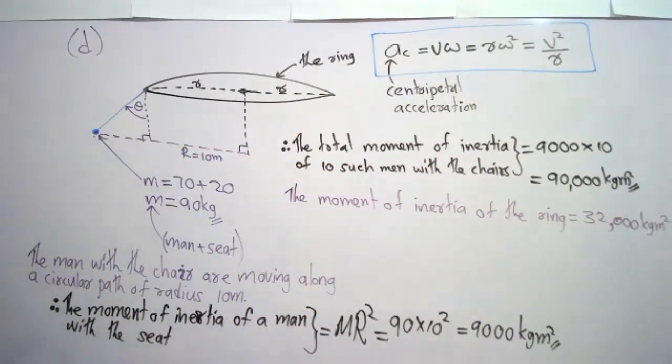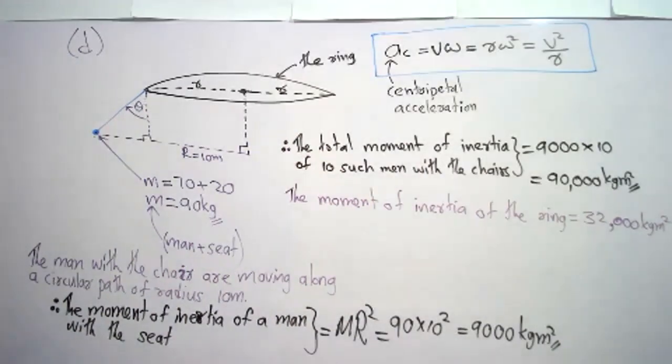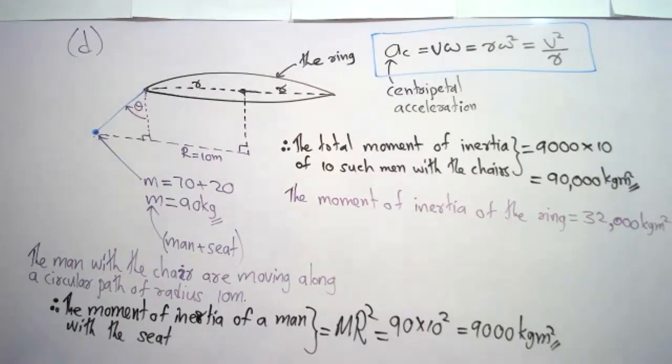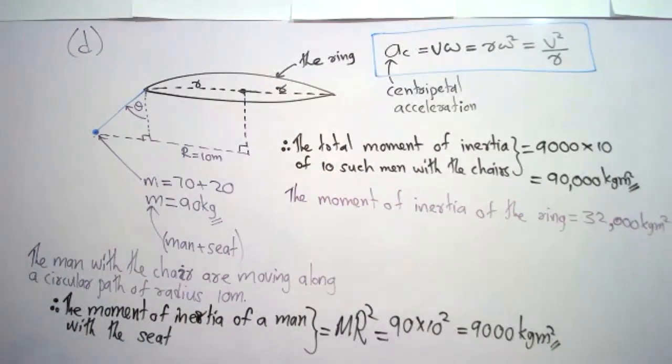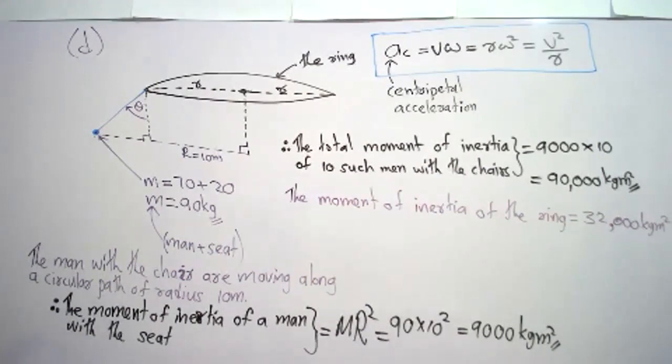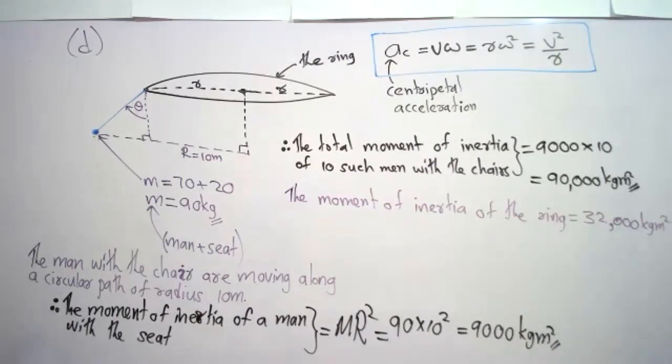So what is the total moment of inertia of the entire system then? What should I do to find the total moment of inertia of the entire system, the ring and the men and the chairs? Yes, we should add.